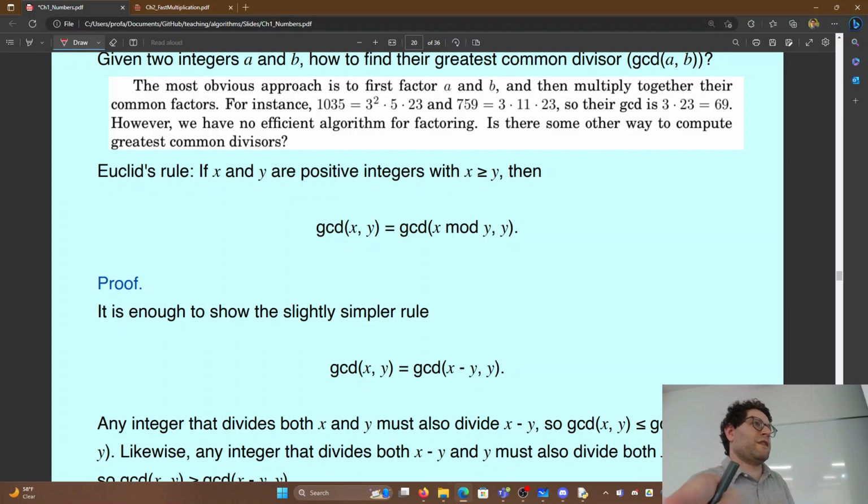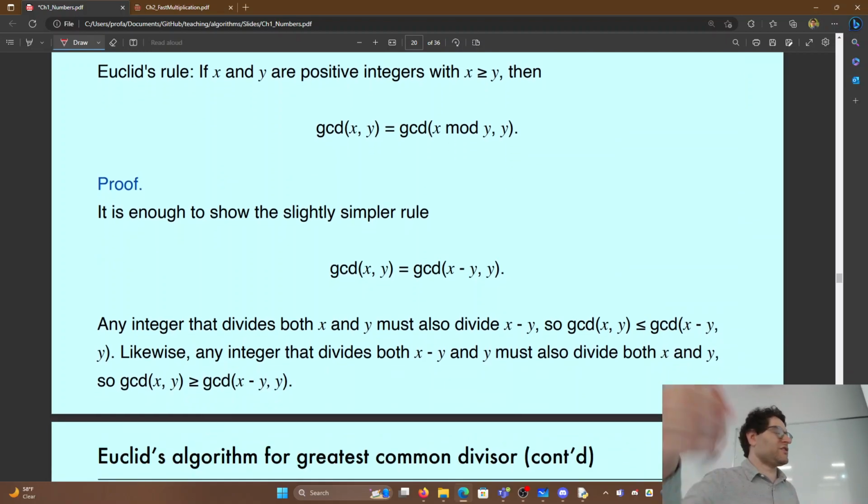If y happens to be bigger than x, you just swap them. So for the purpose of argument, x is bigger than y. The greatest common denominator of x and y is equal to the greatest common denominator of the remainder when you divide x by y, and y. Or there's a simpler rule, where you simply do x minus y, and y.